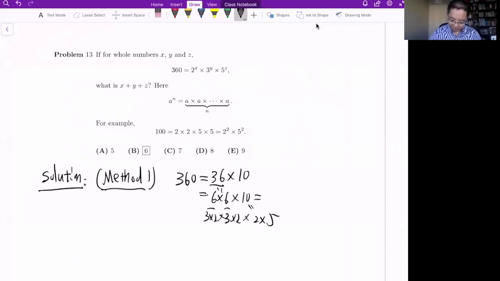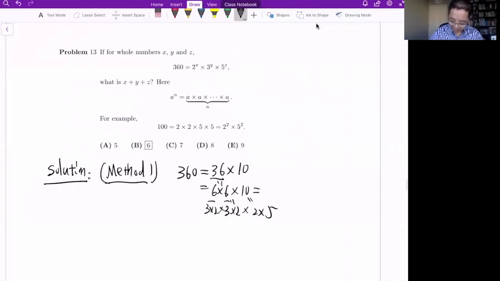So finally I end up with 2 times 2 times 2, three 2s, and then 3 times 3, and then the last one is a single 5.